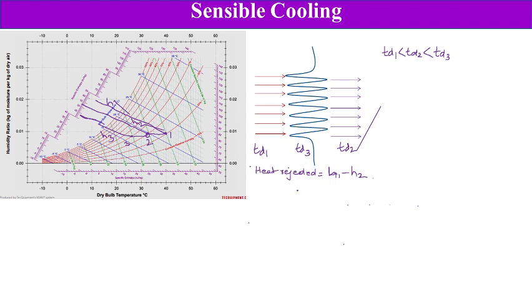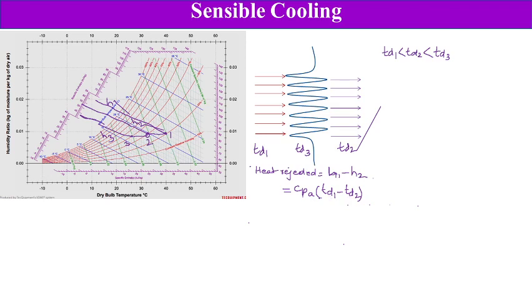So this can again be given as Cp A in bracket TD1 minus TD2. So this is the amount of heat energy rejected to cool air from temperature TD1 to TD2.